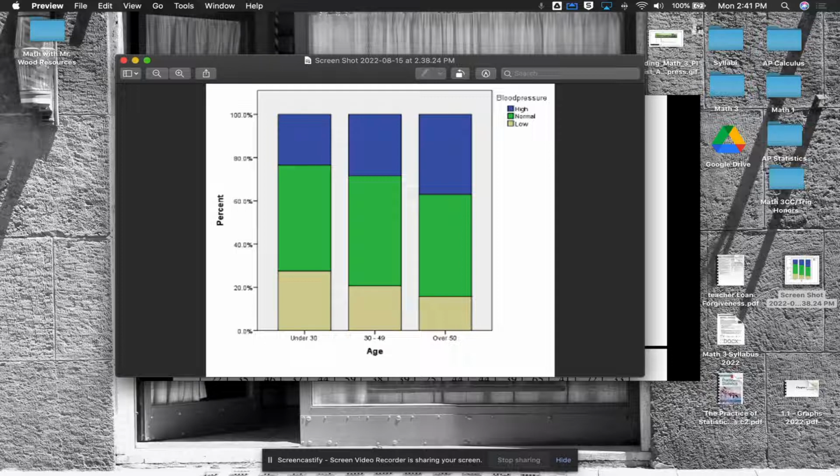What percent have blood pressure in these areas? The tan color represents low blood pressure. So I don't know, a little under 30% for under 30, a little over 20 for 30 to 49, and a little under 20 for over 50.